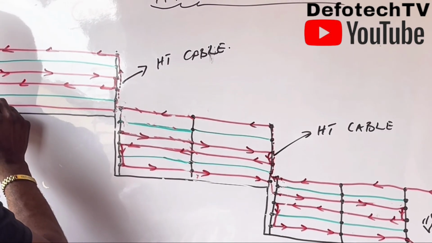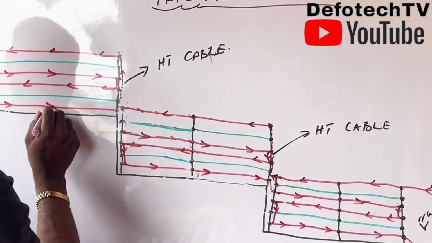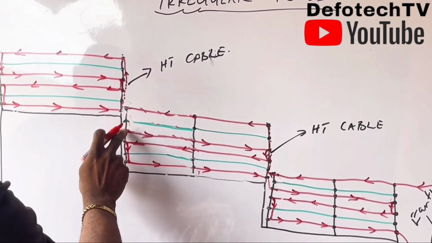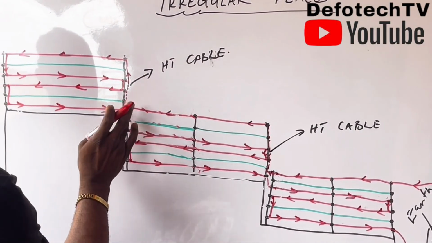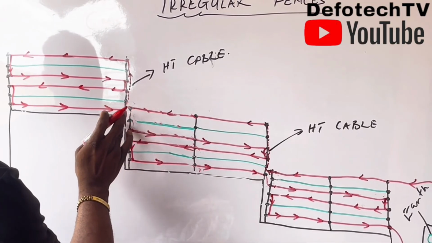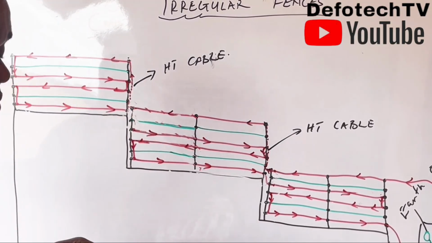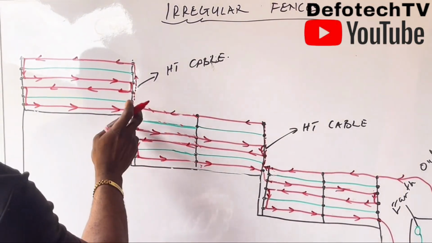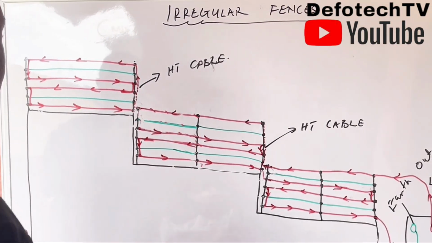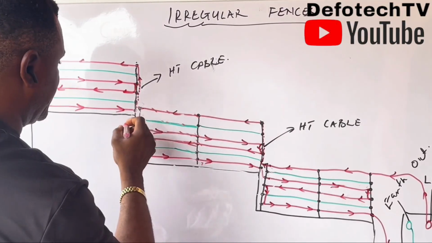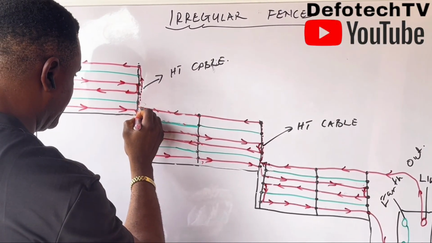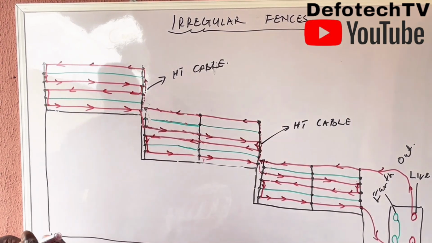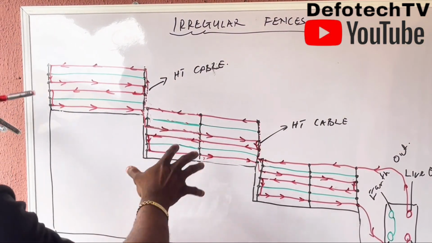Let this one move to the last live. It gets here. Now, if this line can connect with this one without touching the fence, without touching this bracket, without having contact with any other thing, you have that space, then you can use the aluminum wire. But if it is going to touch any of these things, then you can bring in the HT cable here, link from here to this. So that's for the live, the system is complete.